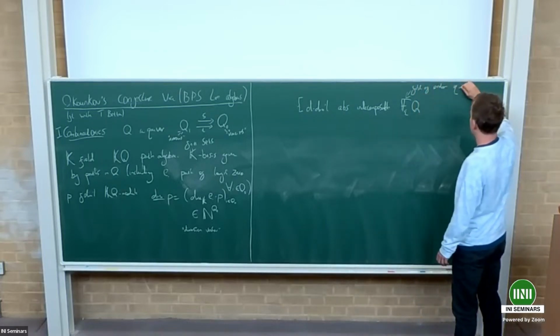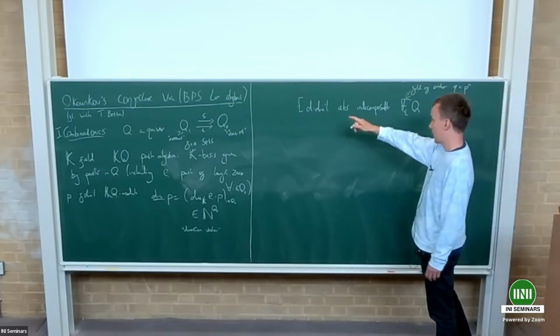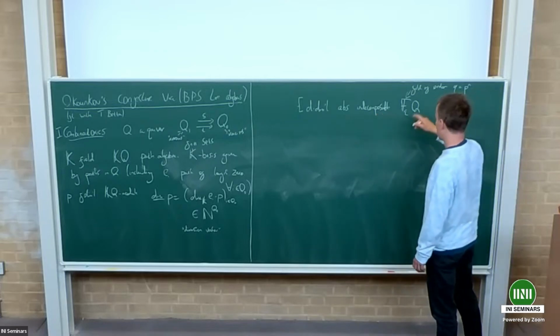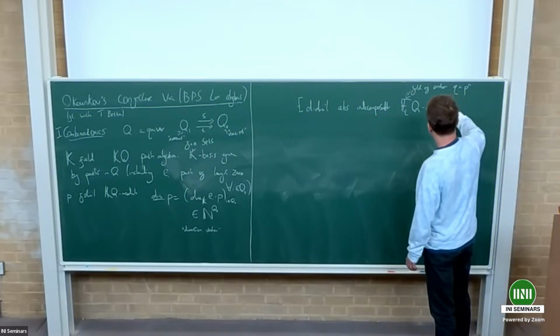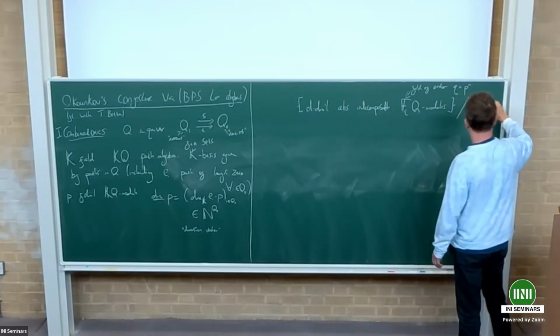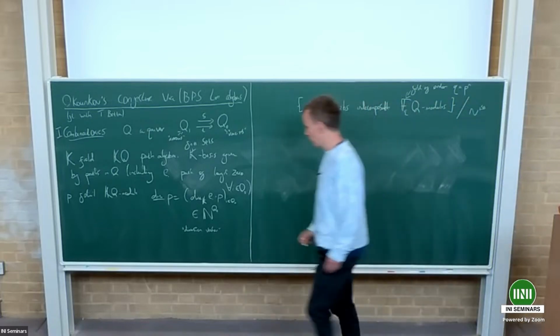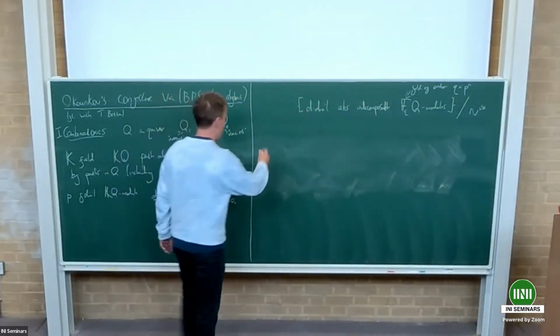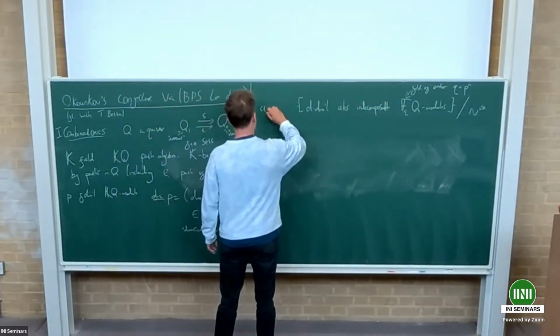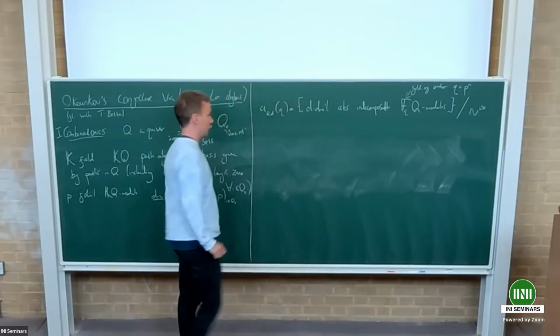And for this to exist, I need q to be a prime power. So I count d-dimensional, absolutely indecomposable modules over this algebra. I only count them up to equivalence given by isomorphisms. So I count isomorphism classes. And this is obviously a function of q.